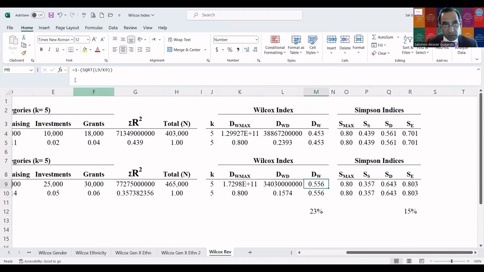Then, to obtain the Wilcox standardized or evenness score for the revenue scenario, I get the Wilcox similarity of concentration score divided by the maximum score. In this case, it's going to be L9 divided by K9. I'm going to get the square root of that product and subtract that from 1.